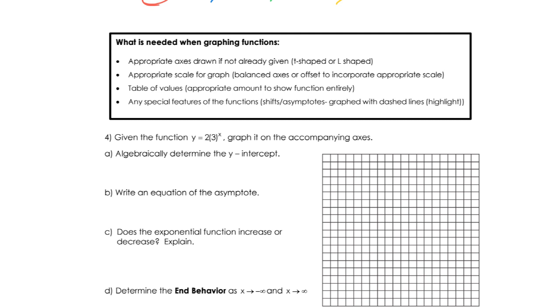A table of values, appropriate amount to show function entirely, okay, just to give enough shape to your graph, and any special features of the functions, shifts, asymptotes, graphed with dashed lines, or highlighted. Okay, so those are some tips when we're graphing we had to be careful with.